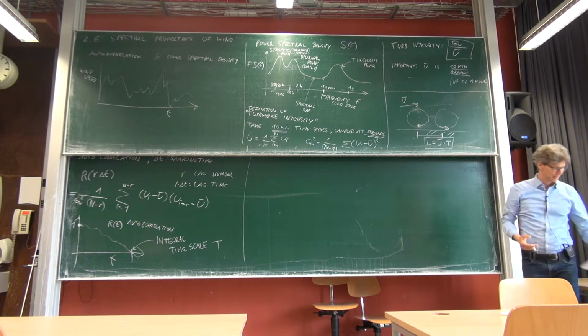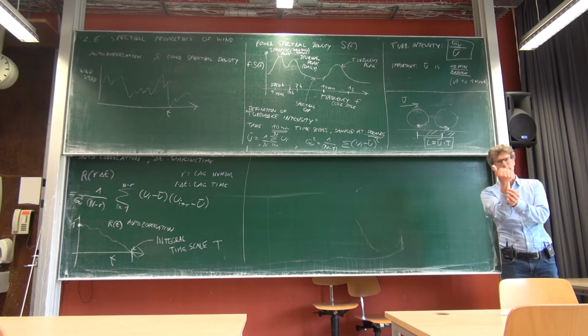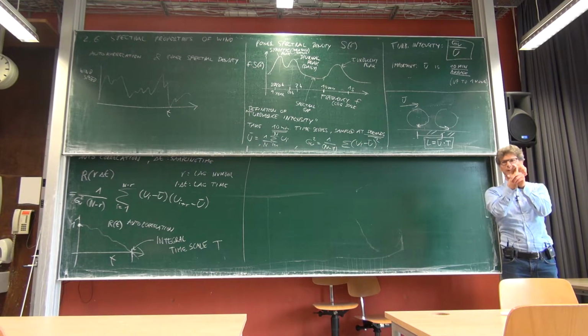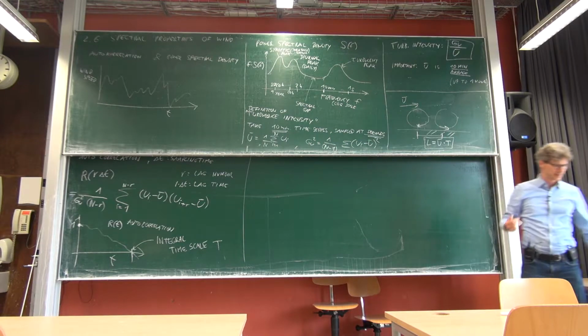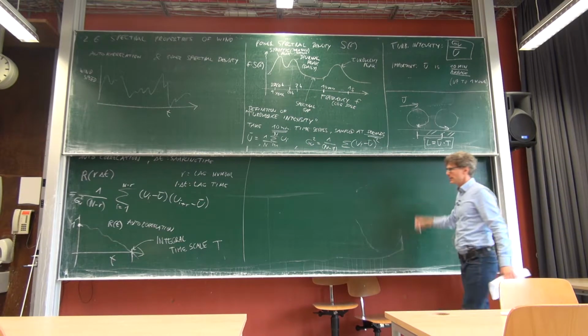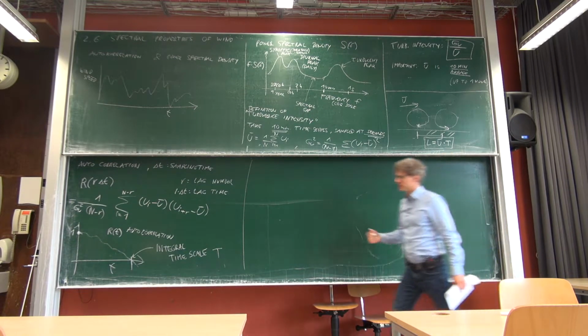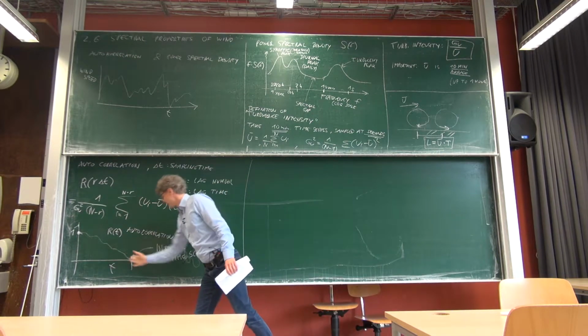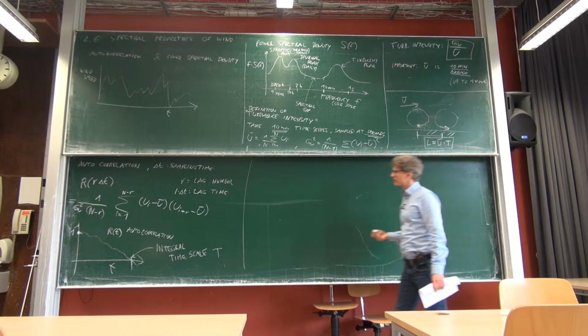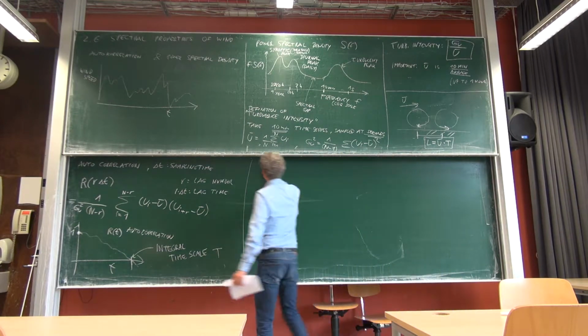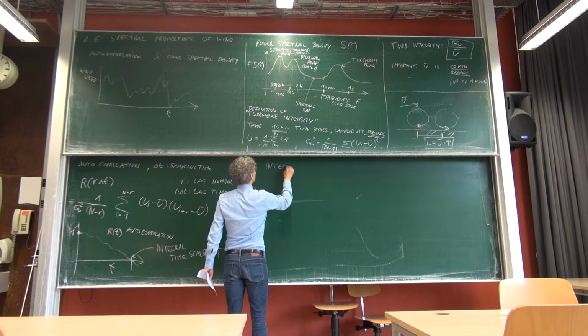So while I'm sitting here with my one position, my wind turbine, I see that wind is sometimes stronger, sometimes lower. And it is perturbed by structures which have, so to say, a typical duration of time t. And then I can try to get the integral length scale out of that.